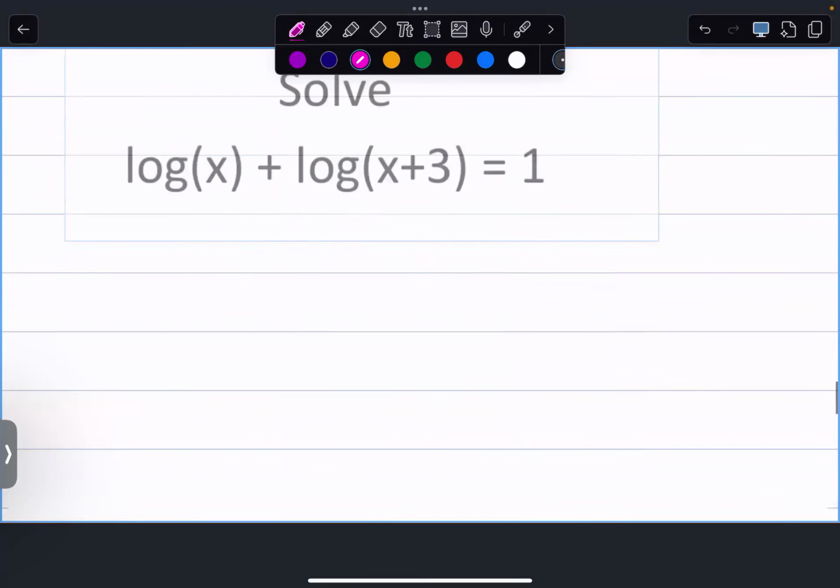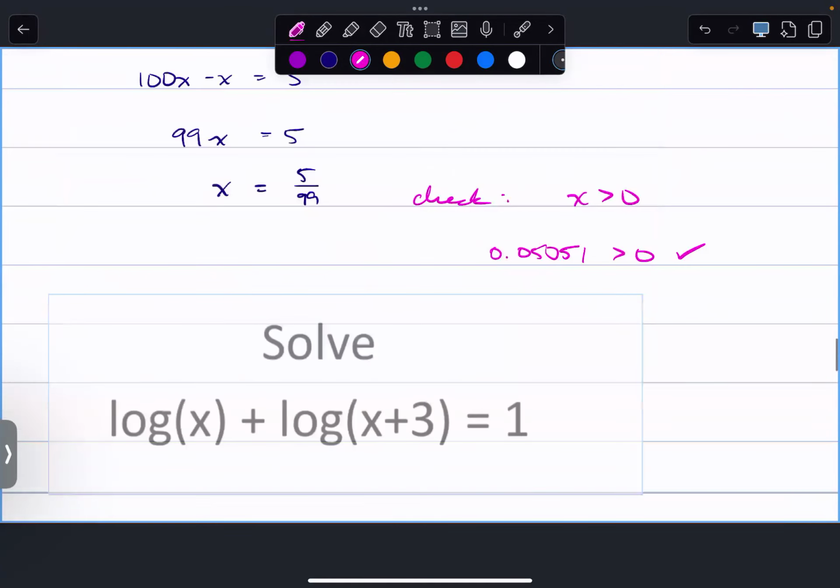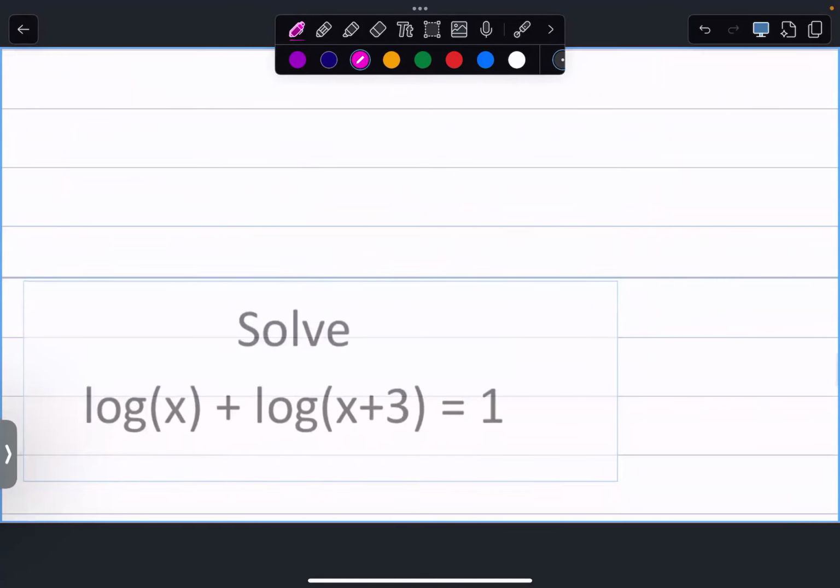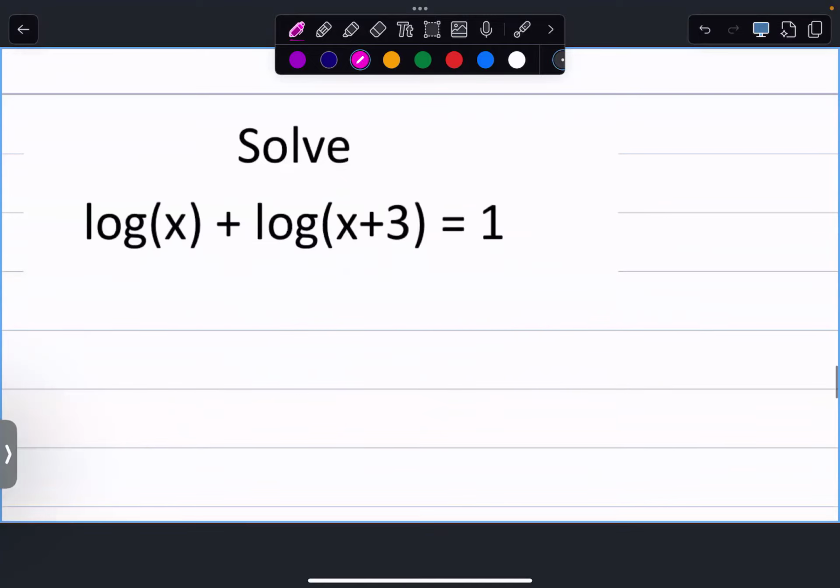How about another one? I'll do it on its own page. Oh yeah.